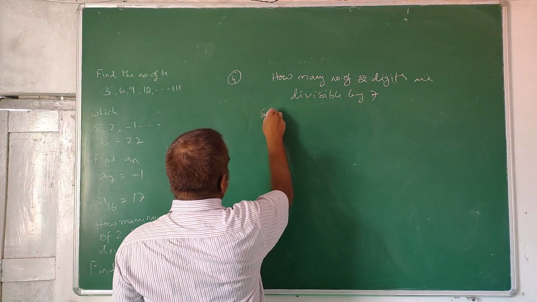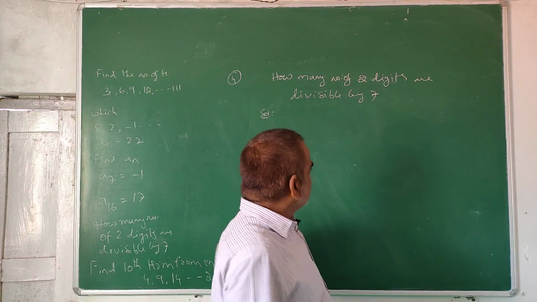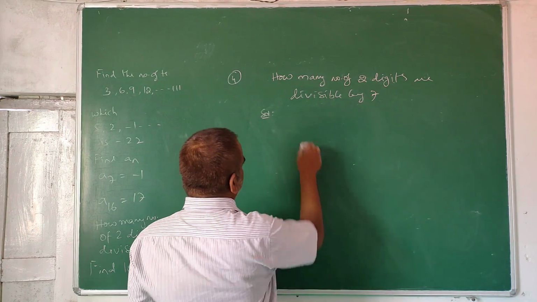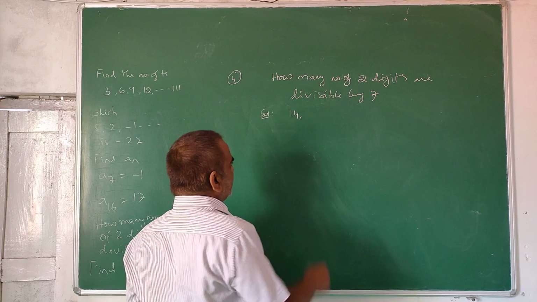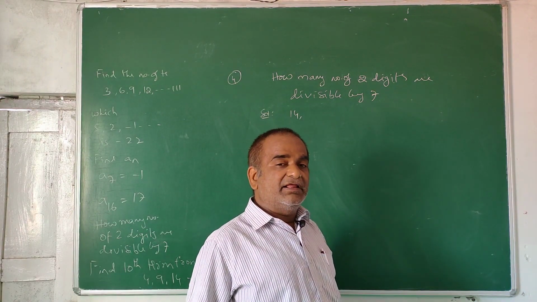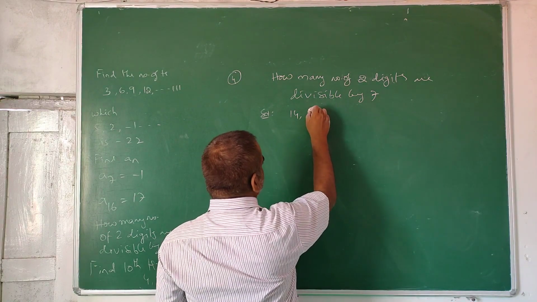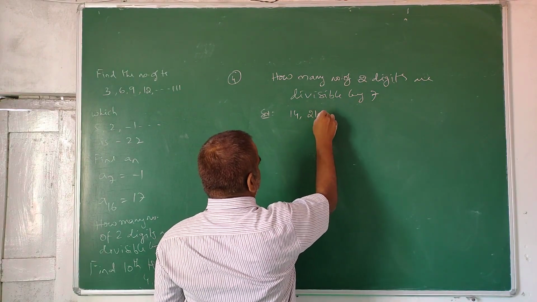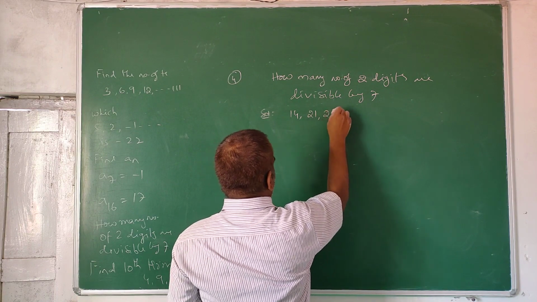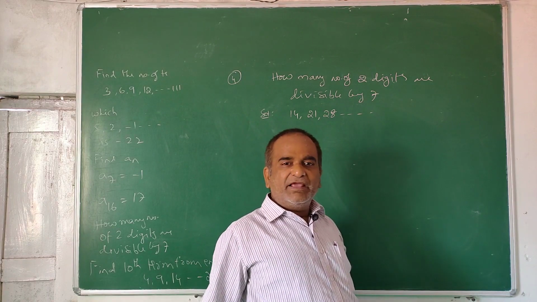So, solution. Now obeying the given condition, the first 2 digit number which is divisible by 7 is 14, and next 21, next 28, and so on. Are you following?